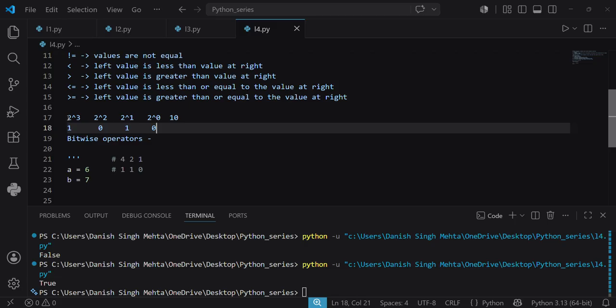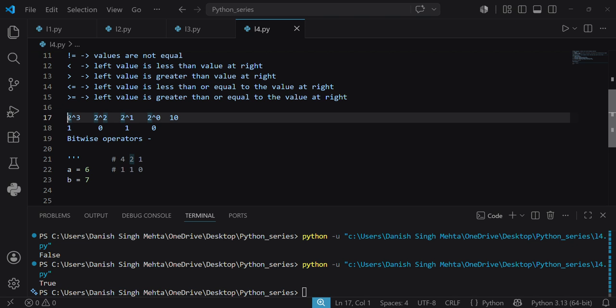So if you want much greater values, like if you want 20, then we can't write 20 using only these values. We have to go to more values like 2 to the power 4.